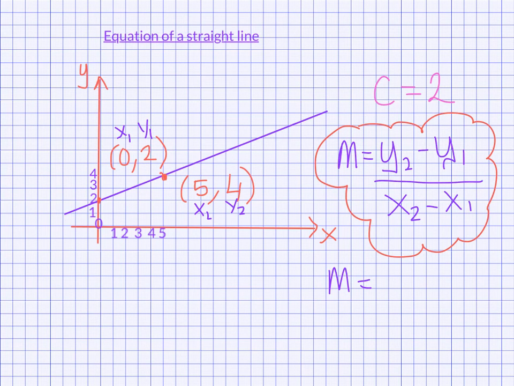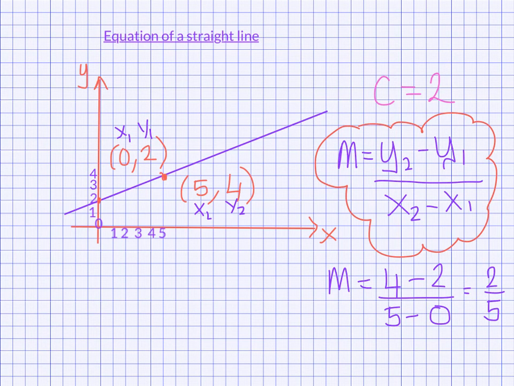So m equals, instead of y2 I've got 4, take away instead of y1 I've got 2, over x2, which is 5, minus x1, which is 0. So that gives me a gradient of 2 over 5.